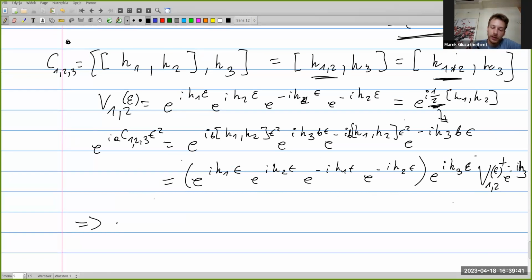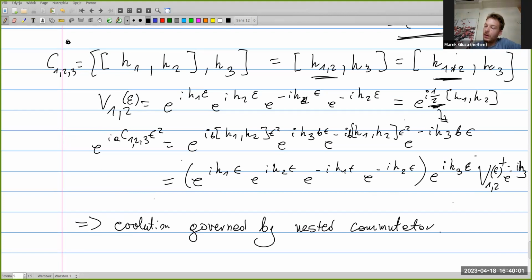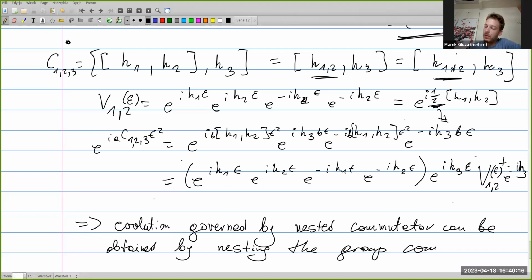So my point here is, this is not on Wikipedia, evolution governed by a nested commutator can be obtained by nesting the group commutator.